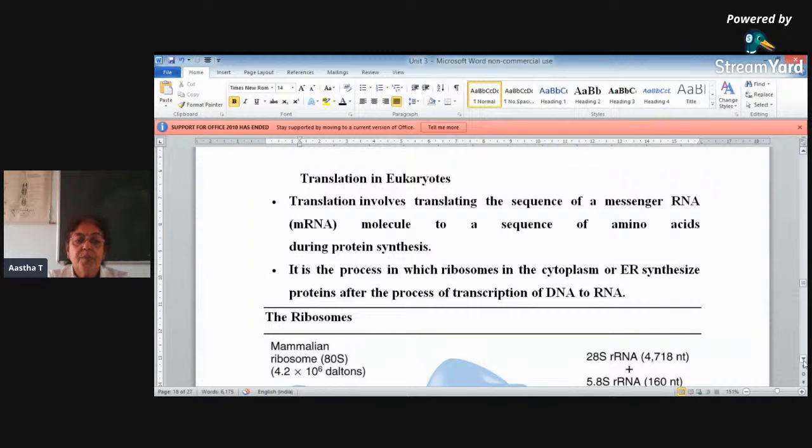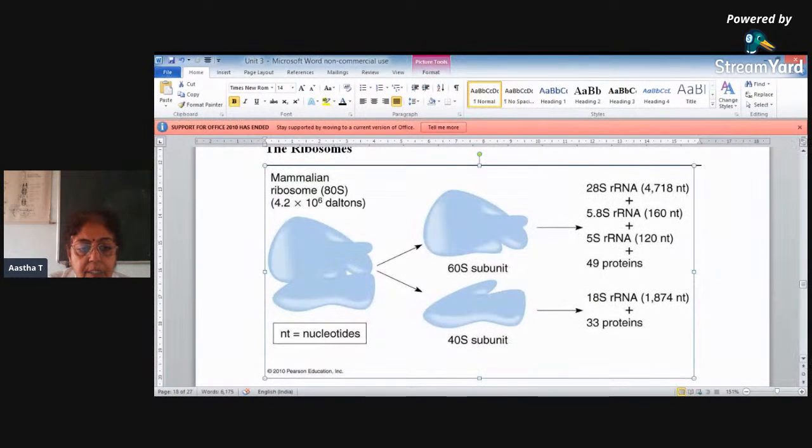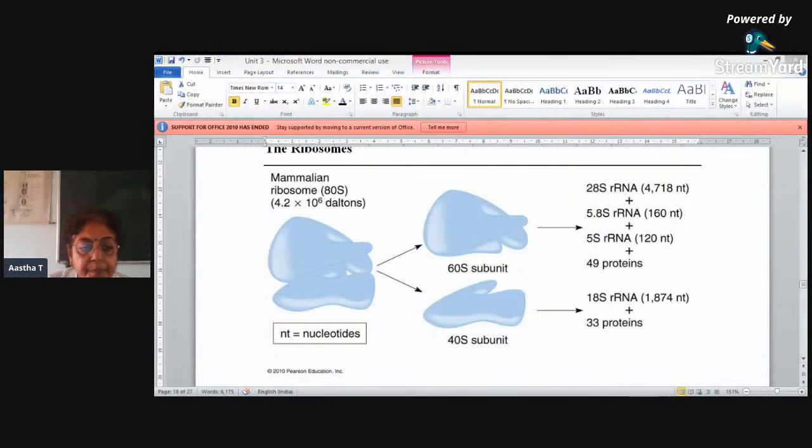So it is a process in which ribosomes in the cytoplasm or endoplasmic reticulum synthesize proteins after the process of transcription, that is formation of RNA from DNA. It may take place in the cytoplasm or it may take place in the endoplasmic reticulum. So this is the structure of the ribosome of eukaryotes.